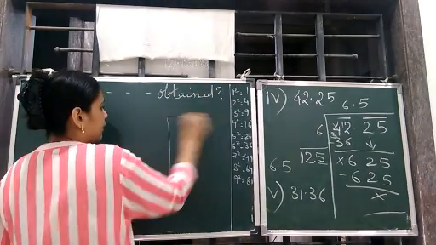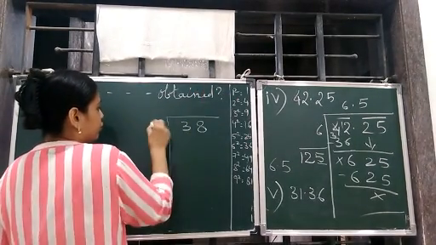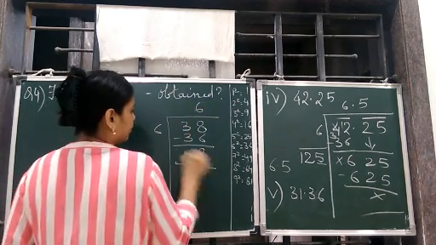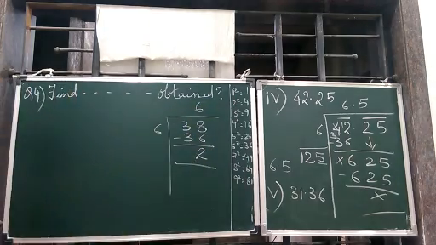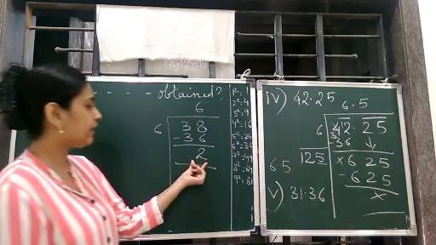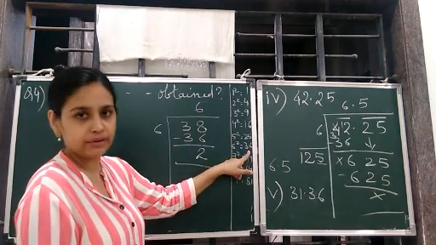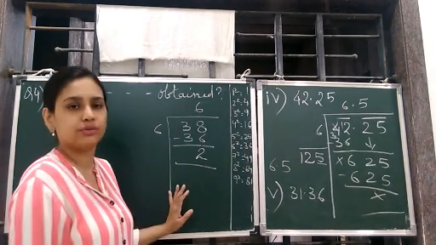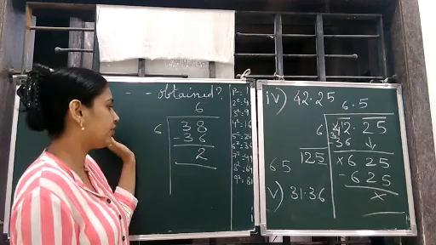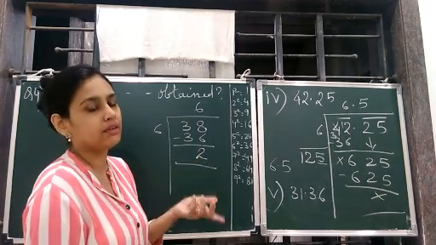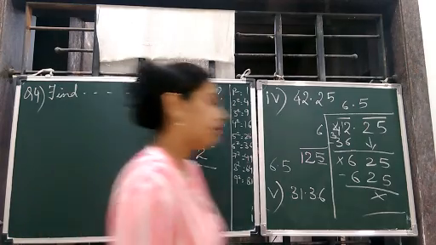Suppose this is the number given to us. So we do it, 6 6s are 36. Now, what is this? Remainder? Yes. So if you subtract this 2 from 38, what will you get? 36, which is a square number. Correct? So this only we have to do. Means you have to find the square root of the given numbers. If we are getting the remainders, that is the minimum number which has to be subtracted.